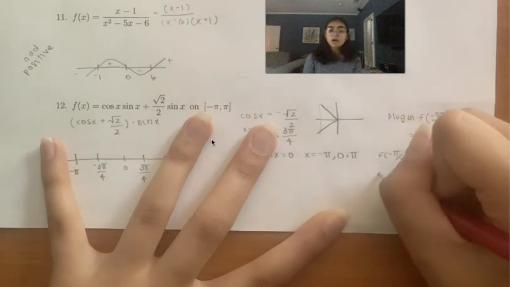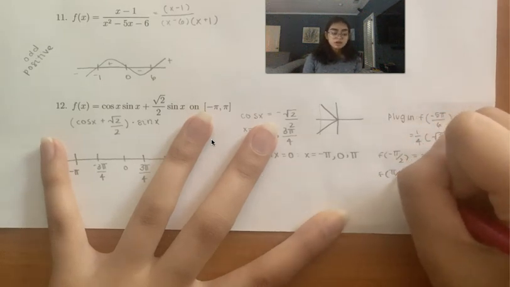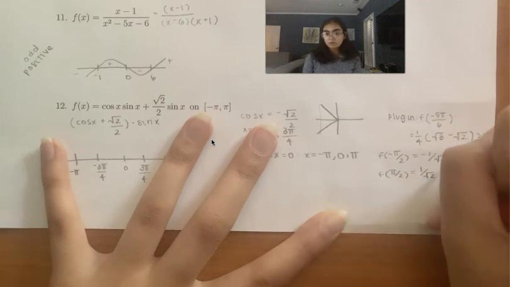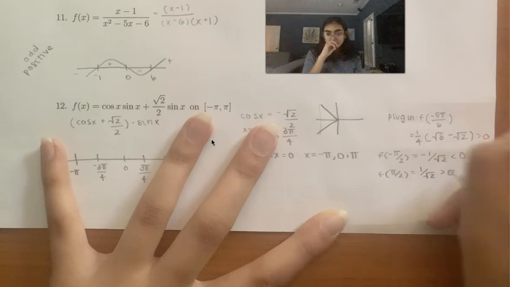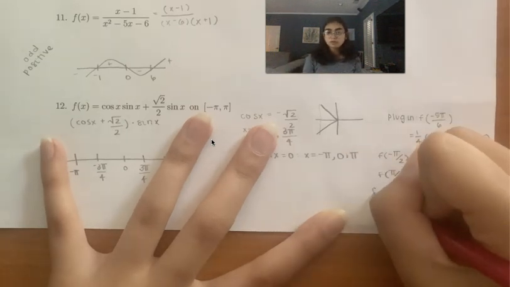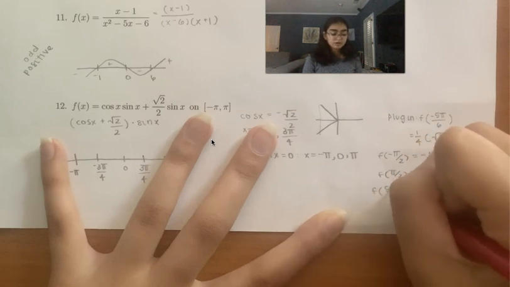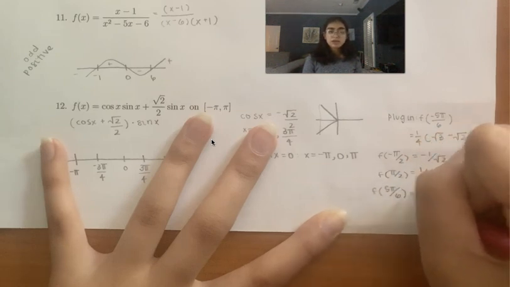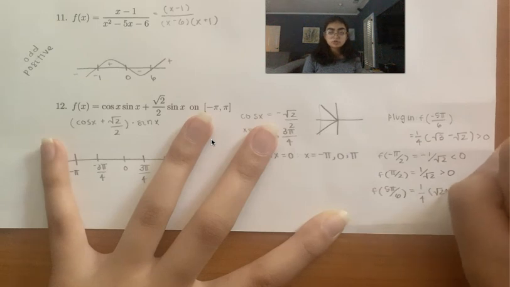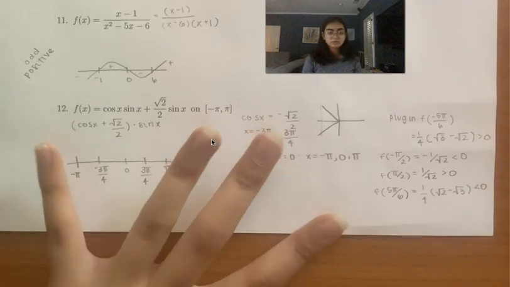Then I'm going to plug in a positive pi over 2, so I can find out what the interval between 0 and 3 pi over 4 is. That'll give me a positive 1 over square root of 2, which is greater than 0, which is positive. Then we're going to have 5 pi over 6, which gives me 1/4 times square root of 2 minus square root of 3. And that's actually going to give us a negative number, less than 0.